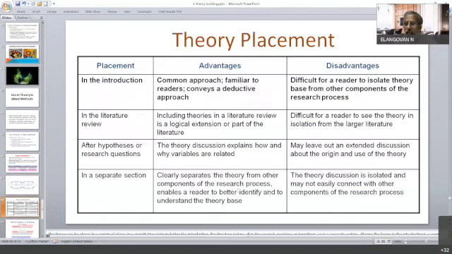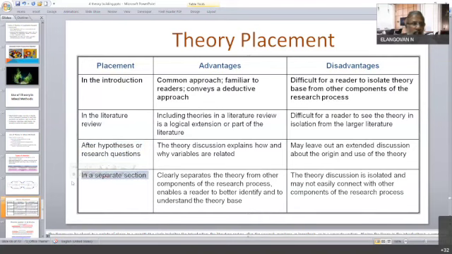When you are reading a research article, theory will be found in different places. In the introduction, you can find theories. In the review of literature, you can find theories. In the hypothesis or research question, you can see theories. Sometimes in research articles or some theses, there is a separate theoretical background section that only presents the theories.